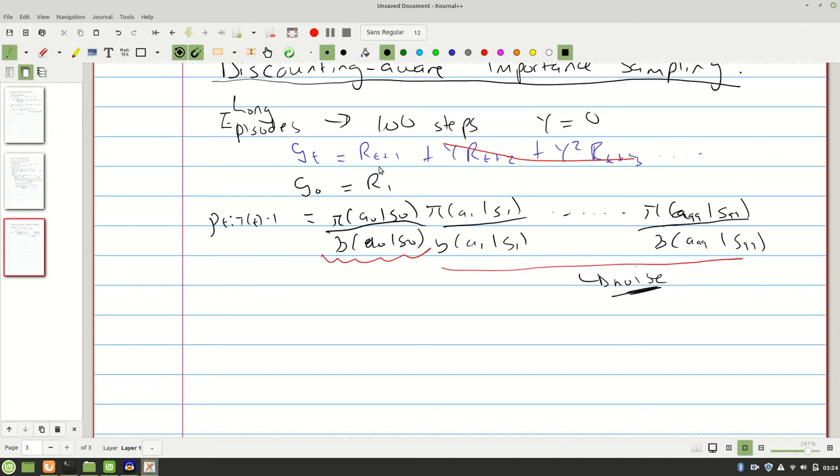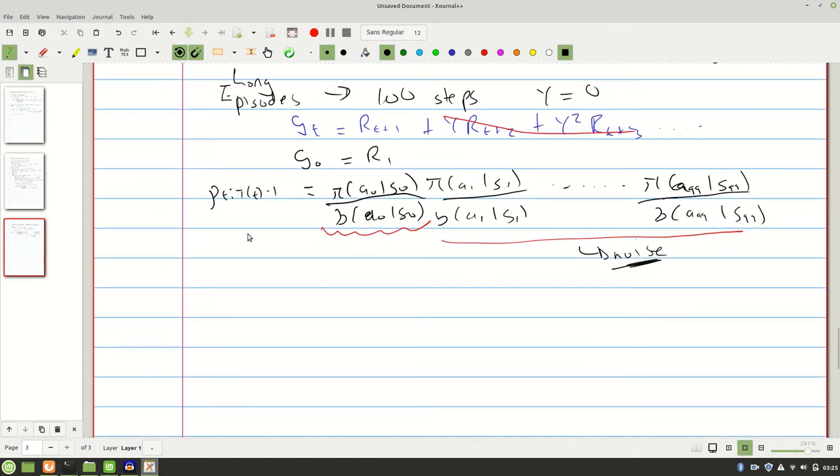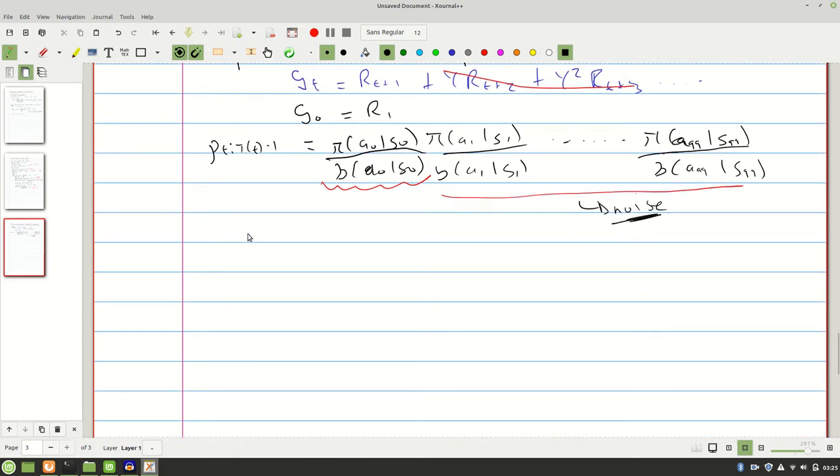This is an extreme example. Of course, normally you might set your discount rate to be some value like 0.3, 0.4, 0.8, 0.9 or whatever. But still, this variance can step in when you start looking at actions and states that are no longer important in the context of computing your return, but you're going ahead anyway and adding those terms to your importance sampling ratio, which you probably shouldn't do.